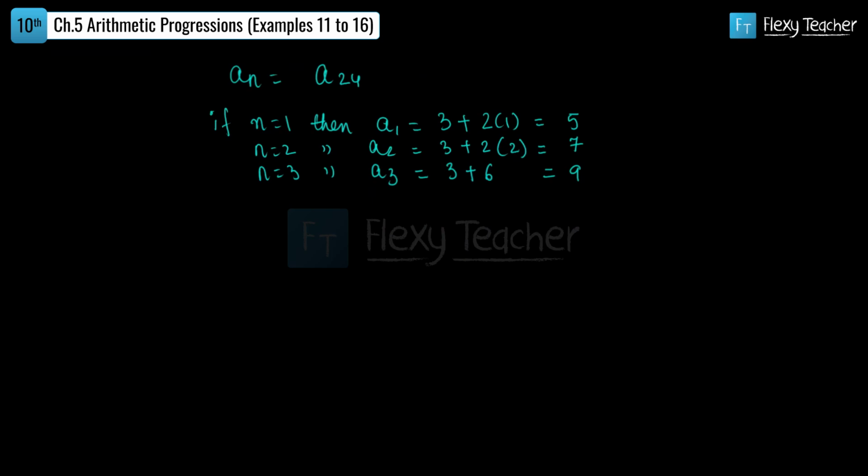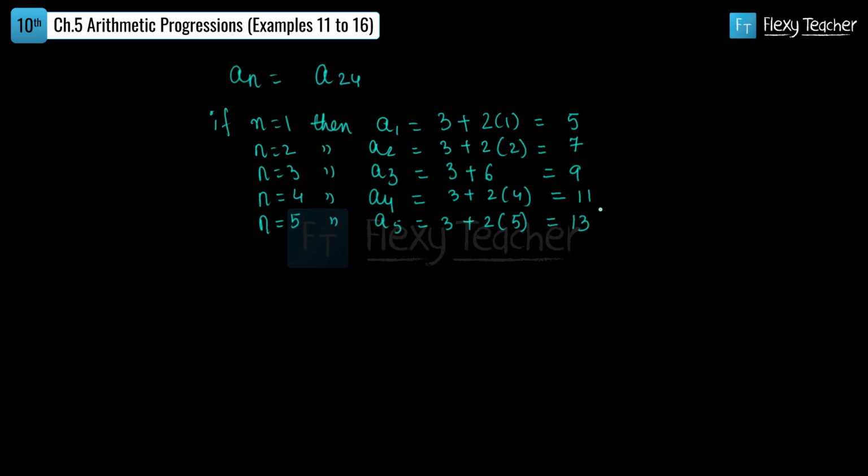And if n is equal to 4, then a4 is equal to 3 plus 2 into 4, 2 4s are 8 plus 3 is 11, and if n is equal to 5, then a5 is equal to 3 plus 2 into 5, 10 and 3 is 13.